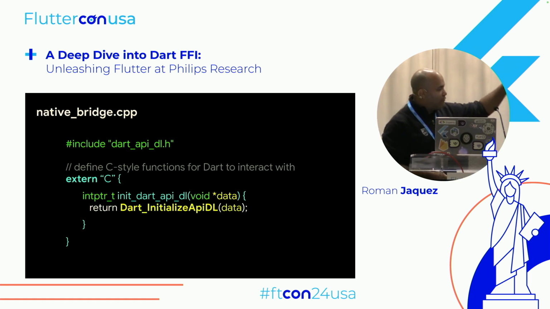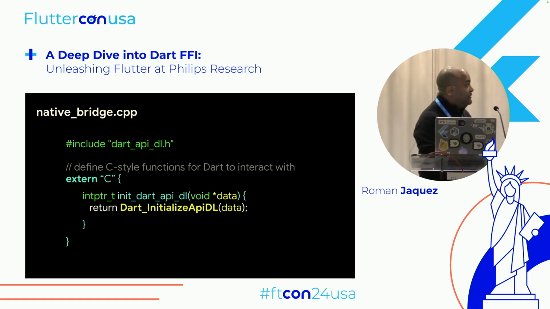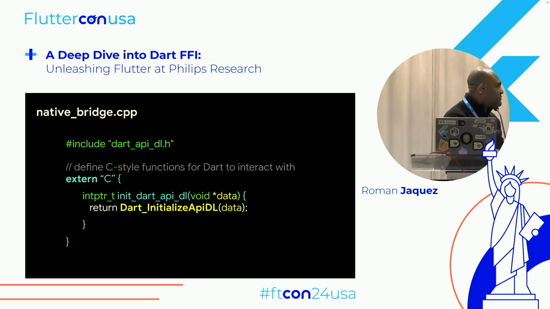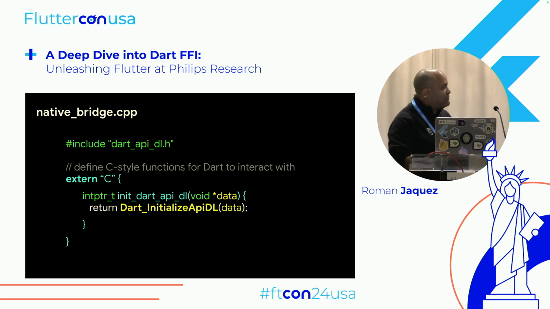So now let's go back to C++. Remember, I mentioned, and notice the line right there, I am importing the Dart API DL, that header for the dynamic library of the Dart API. And this method is actually provided by Dart. This is what you need to call first before you engage in sending messages back and forth between Dart and your native libraries. So you have to call the method called Dart_InitializeApiDL.